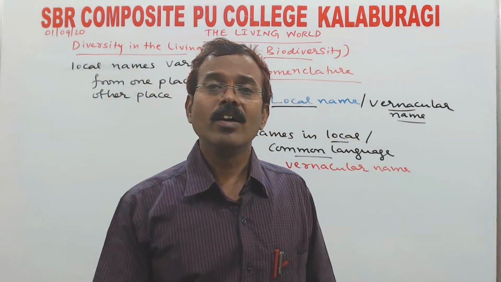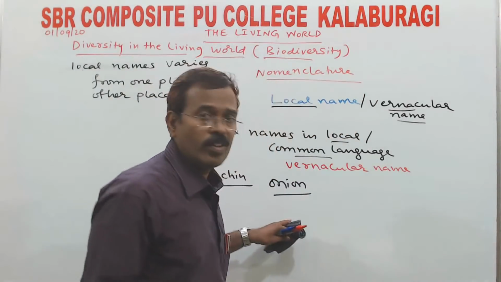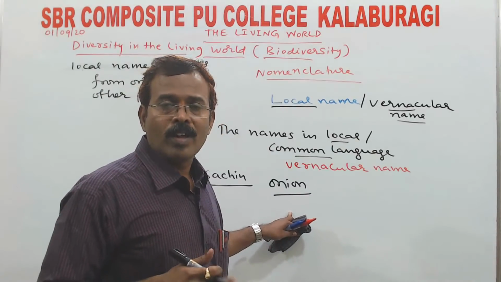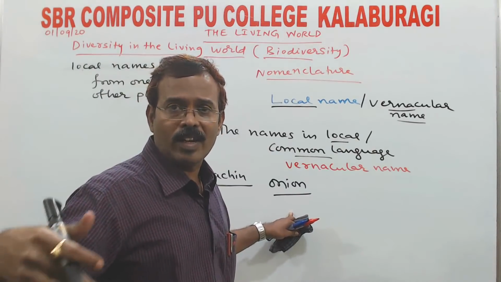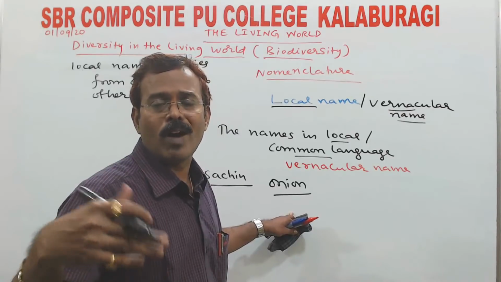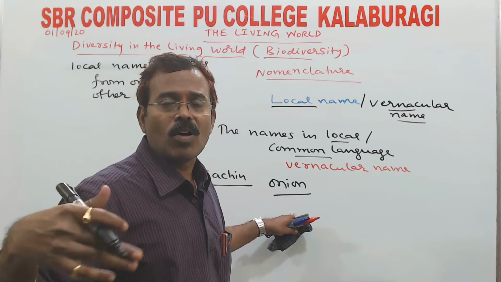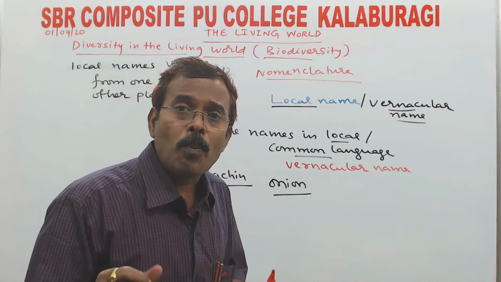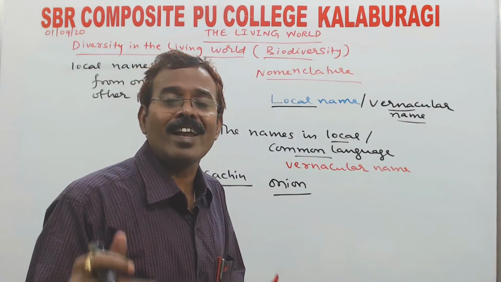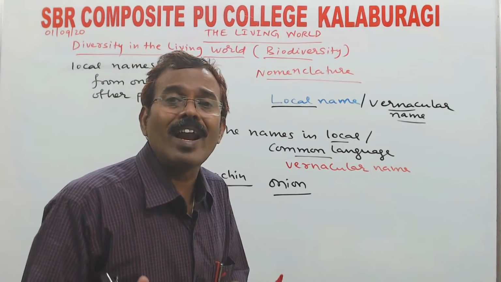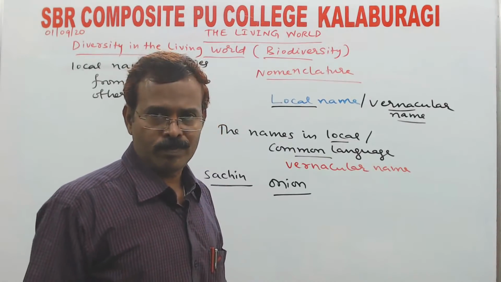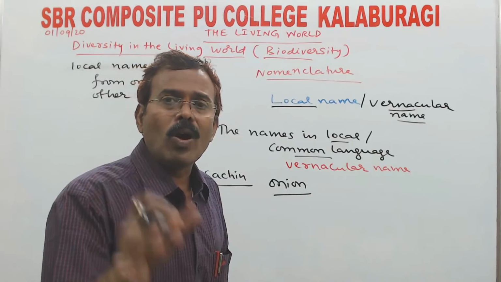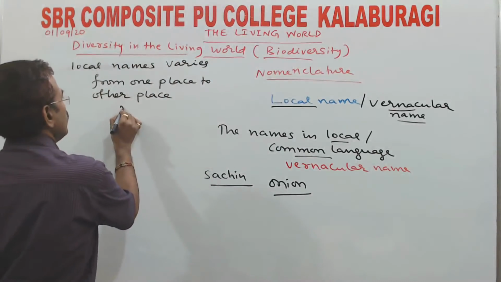In Karnataka, we call onion Irulli, Ulagadi. Whereas in Andhra, in Telugu, it is called Ullipai. And in Marathi, it is called Kanda. So this onion is known by many names in India because of the many local languages which we speak. So the local name is not universal.